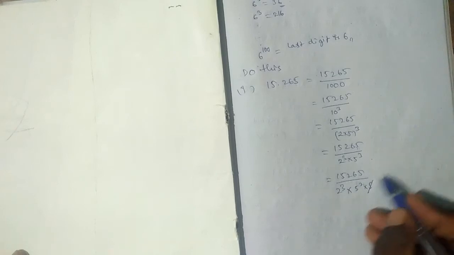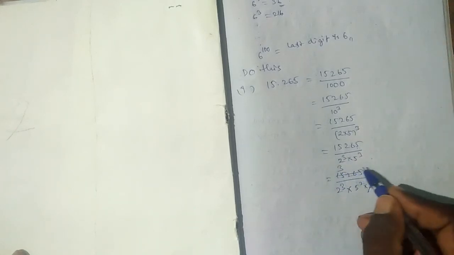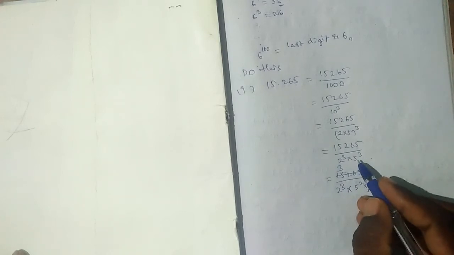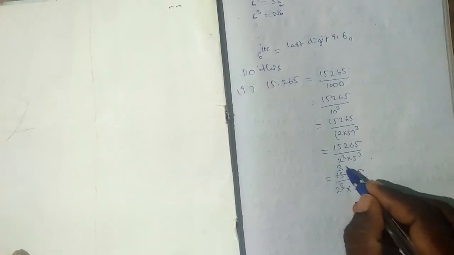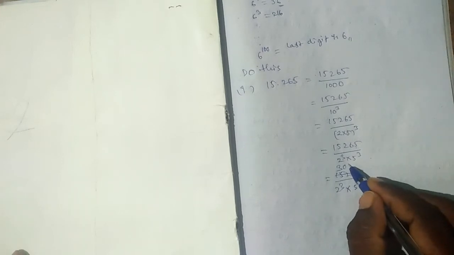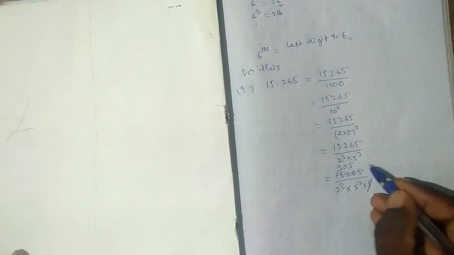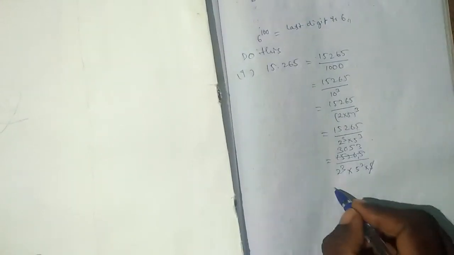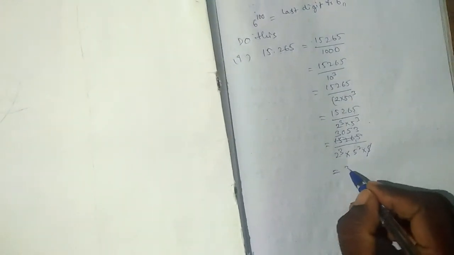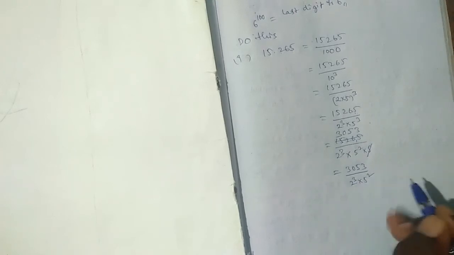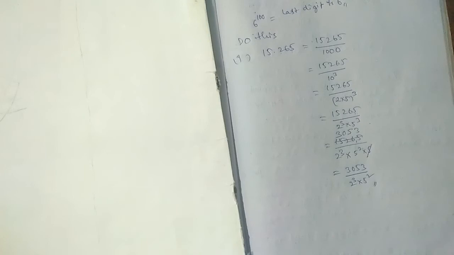I cancel this. 5 ones are 5, 5 threes are 15, 5 30s are 150, and 5 6s are 30, 5 5s are 25, 1 leave, 5 3s are 15. So it is 3053 by 2 cube into 5 square. This is the answer of the first question.